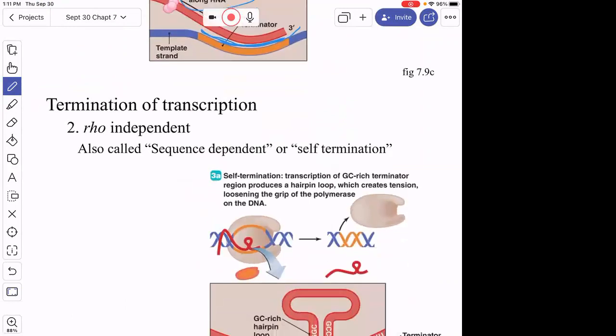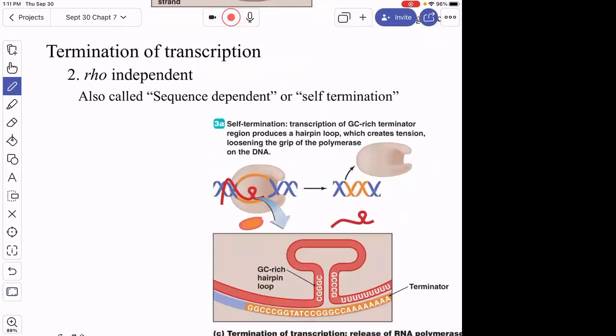The second method does not involve Rho protein. So we have a couple different names for that. We can call it Rho independent, which does not involve Rho, or sometimes it's called sequence dependent or self-termination. Okay, that's all names for the same thing. Basically, with this method, there are palindromic sequences in the DNA.